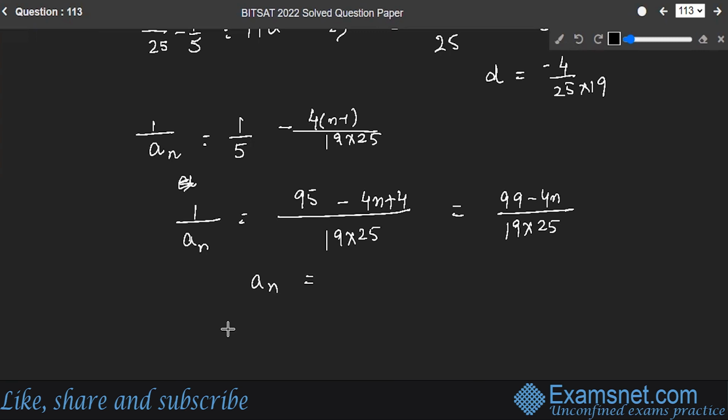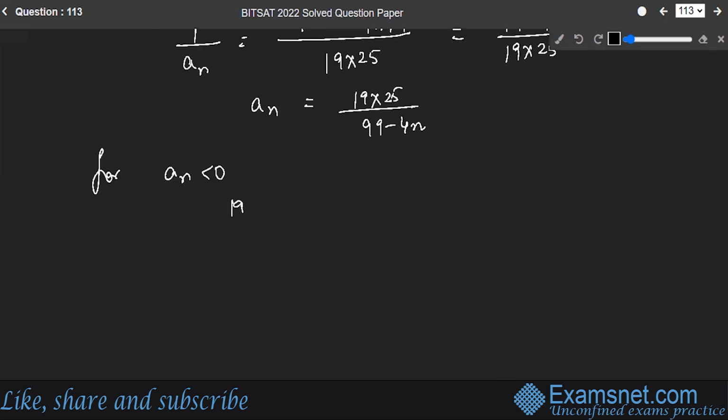So an is equal to 19 into 25 upon 99 minus 4n. Now, for an to be negative, this nth term should be negative. That means 19 into 25 upon 99 minus 4n should be negative.